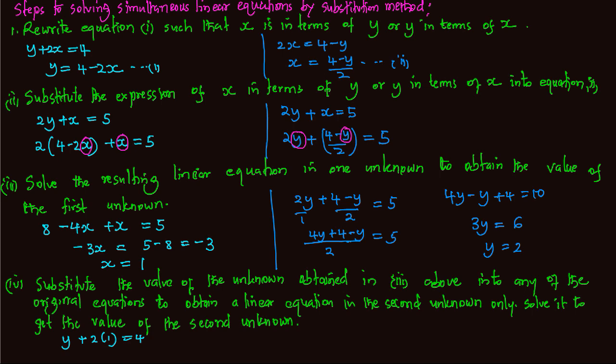And the substitution is done in this equation, the original equation I've marked with 2 ticks. And that makes us able to get the value of y. So y will be equal to 2.